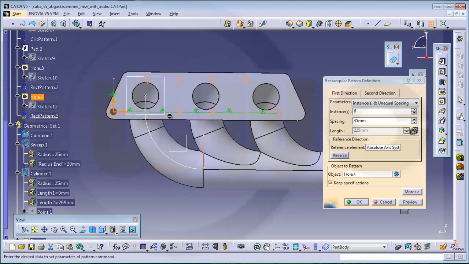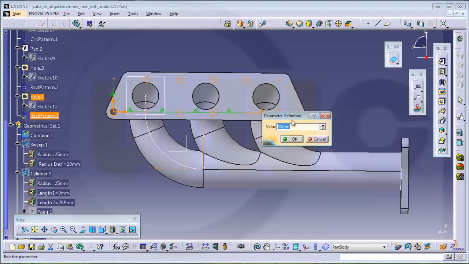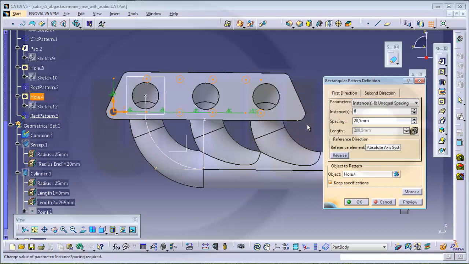Yeah. Distance between these two is 84.5 minus 64. Same goes for this one.